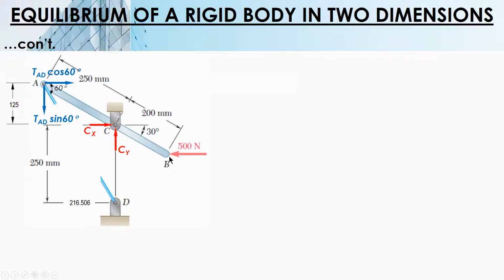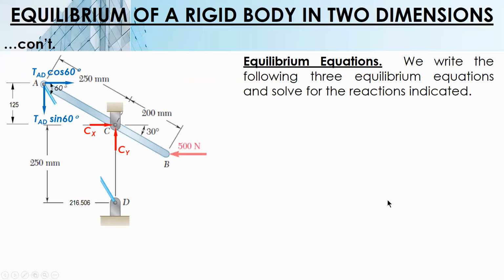So makuha na ito niya distance. So when we apply the conditions, sum up moment at C, need na ito niya distance. Eh. Kana. And that is equal to 200 sine 30 equal to 100.